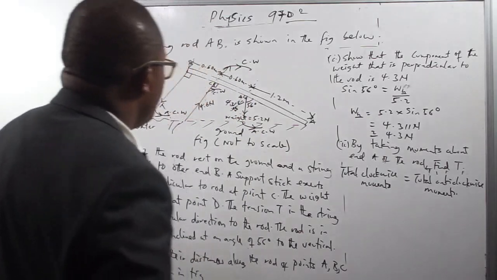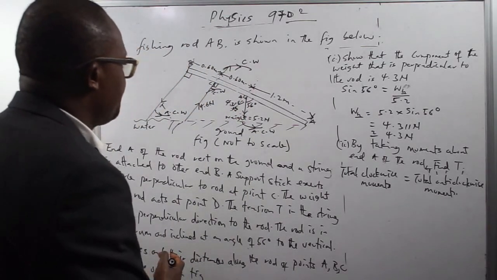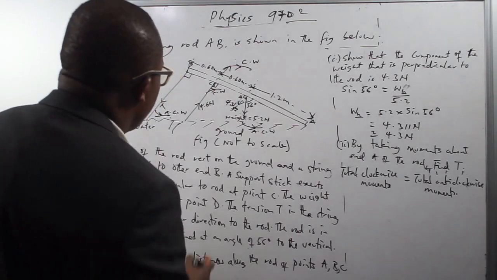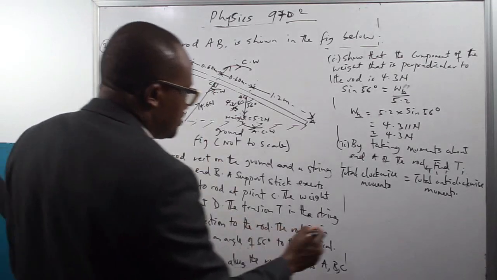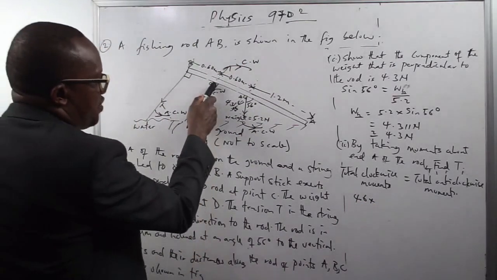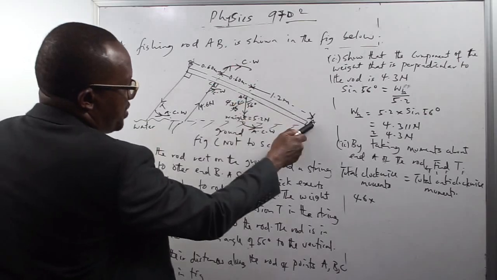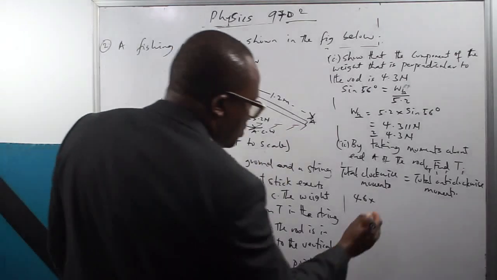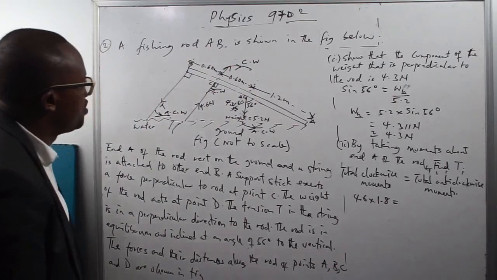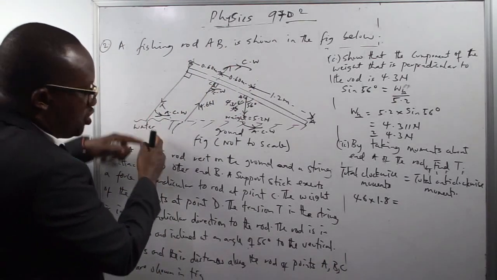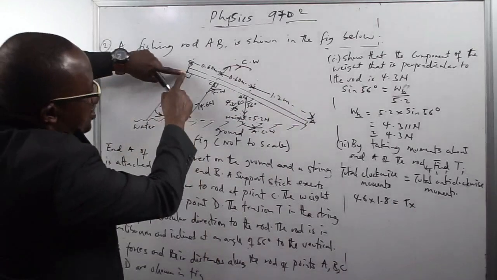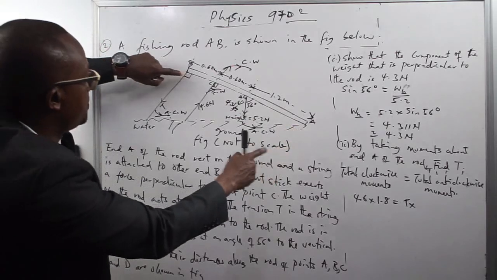So don't forget that moment is the product of the force and the perpendicular distance from the pivot. So the clockwise moment that you have there is 4.6 newtons force. Its perpendicular distance from the pivot will be 0.60 plus 1.2. That will give you 1.8. This is equal to the total anti-clockwise moment, which will be T times its perpendicular distance from the pivot.